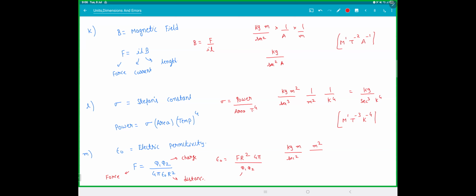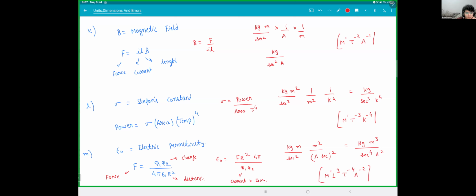So charge is current into time. So that would be ampere into time, which is second ka square. So this is kg meter cube, second power 4 and ampere square. So m power 1, L power 3, T power minus 4, A power minus 2. Check.